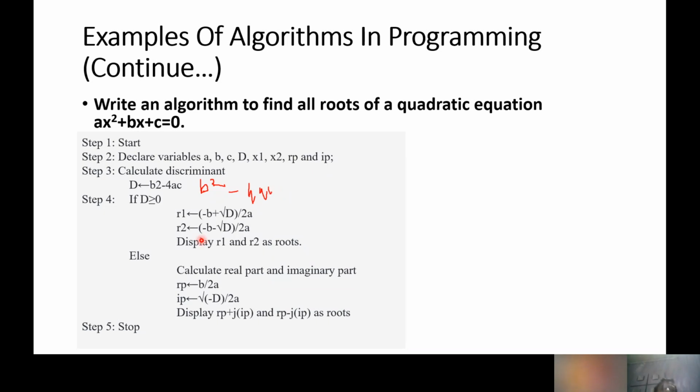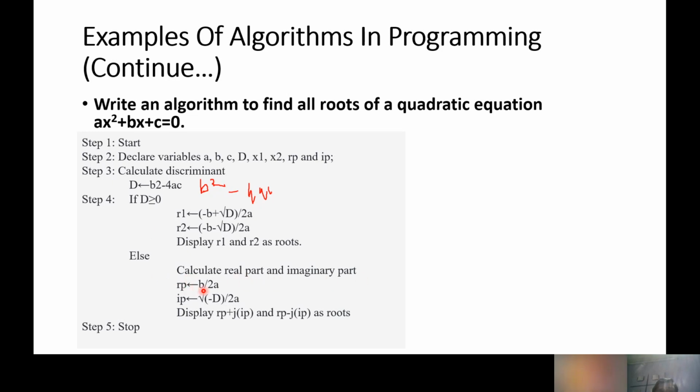That is our normal scenario for d greater than 0. I already considered one more case, that is d equal to 0. In that case, r1 and r2 both have the same value, because the root of d is 0, so nothing to do for addition or subtraction, just minus b divided by 2a. That is the answer. For d less than 0, calculate the real part and imaginary part.